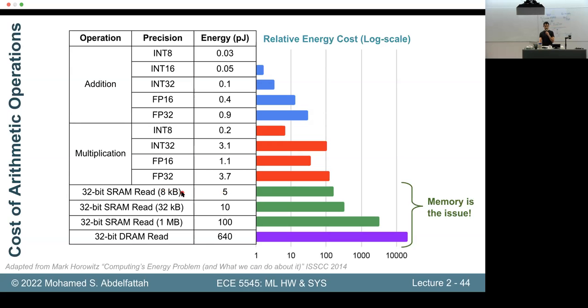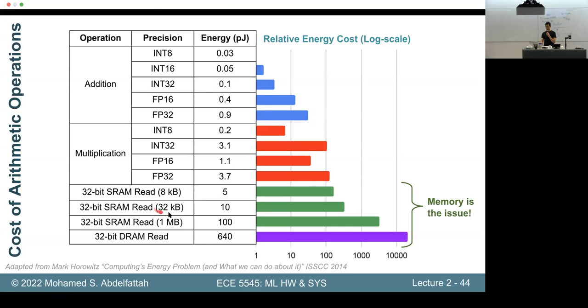And 8 kilobytes is very small. Usually we have bigger SRAMs. I think you would have megabytes now, and on ML chips, you would go up to 100 megabytes on a single chip, I think. And we'll talk about one chip which has gigabytes, but that's an exception. But usually in the order of tens of megabytes in your on-chip memory.